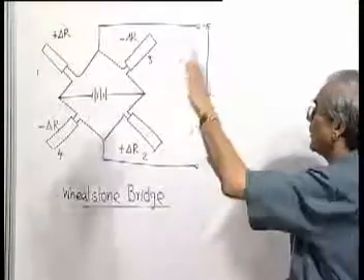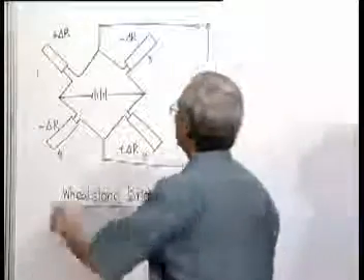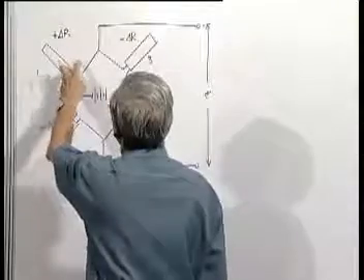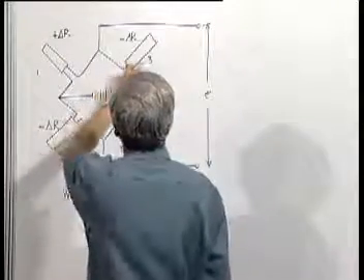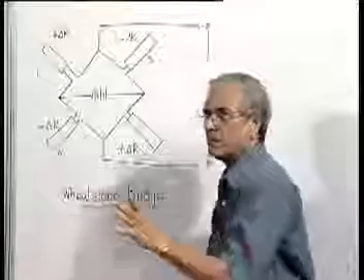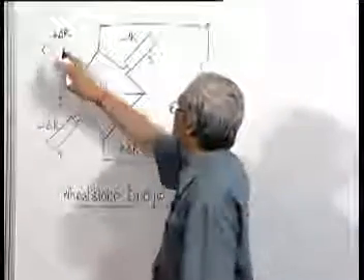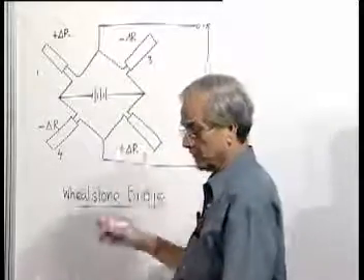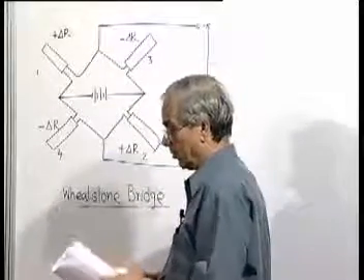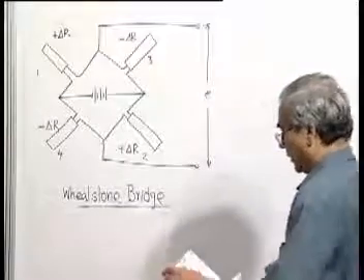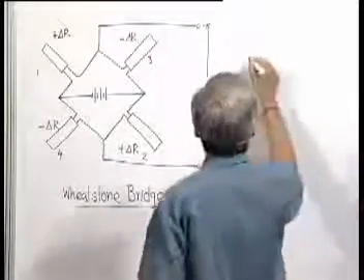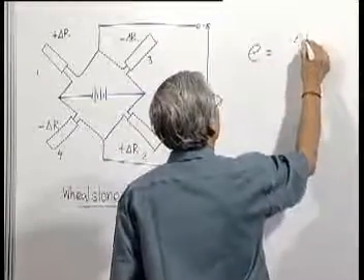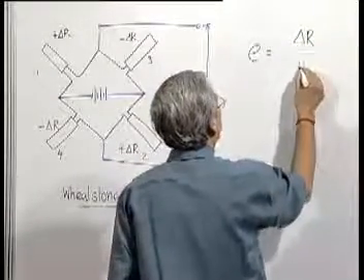But now if it starts vibrating, what will happen? The unbalance will be created. At any instant, the ratio of this and this, and the ratio of this and this, will have maximum difference, because this resistance is increasing, this is decreasing, this is decreasing, and this is increasing. So effectively the voltage which is generated is 4 times, and is given by this quantity.